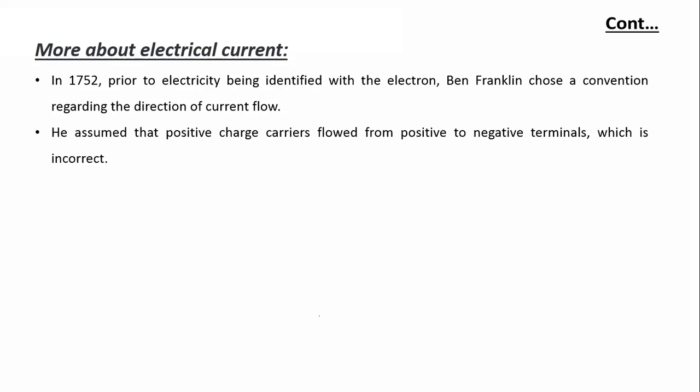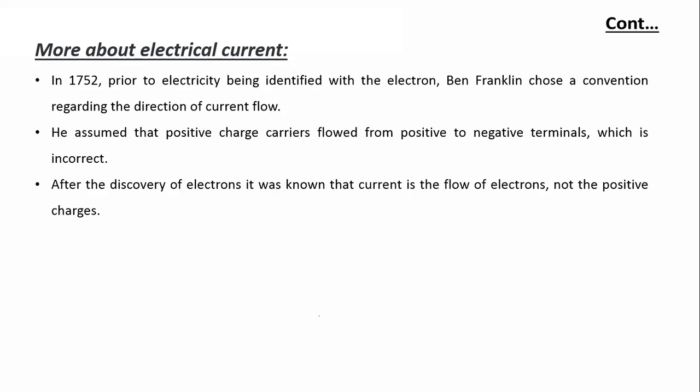He assumed that the positive charge carriers flow from the positive to the negative terminal, which was basically incorrect, and that was termed incorrect after the discovery of the electron, because it was known that current flow is a result of the flow of electrons and not the flow of positively charged particles.